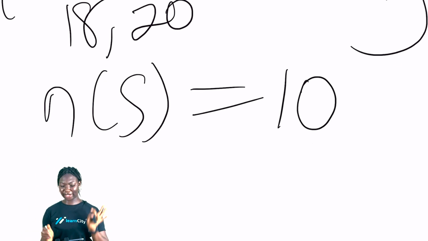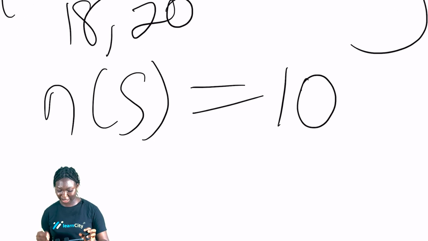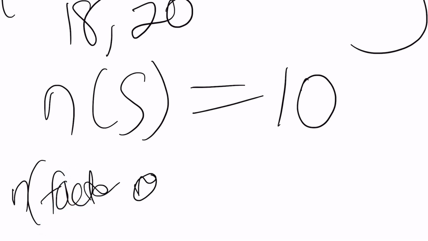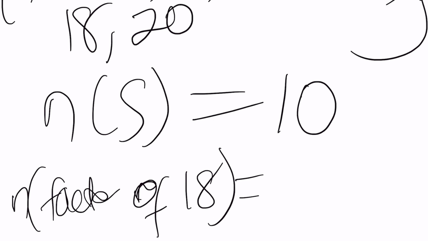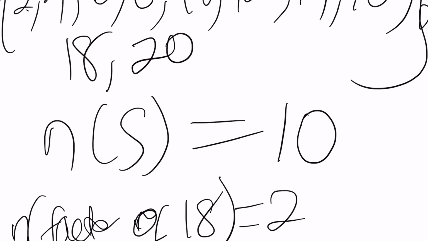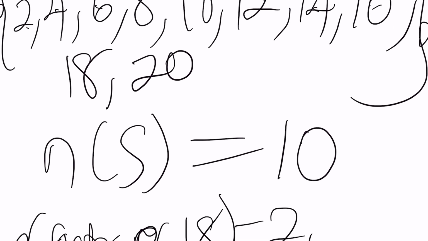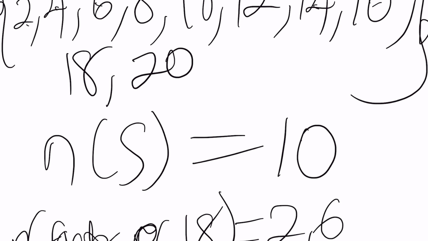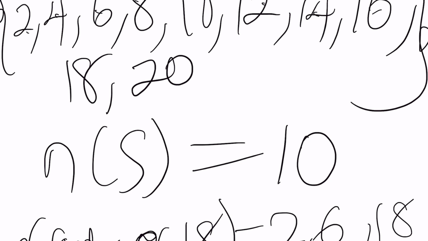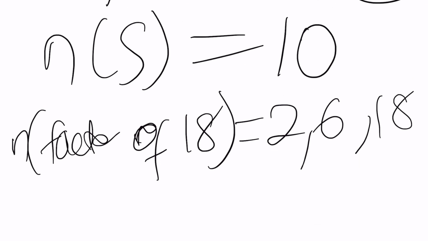So we are looking for a factor of 18, which is any number that can go into 18. So we have 2, 6, and 18 that can easily go into 18, which shows that we have 3.